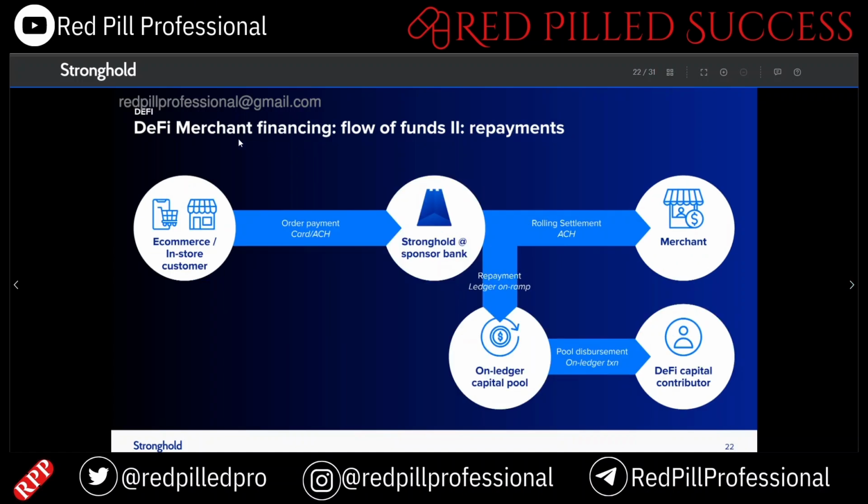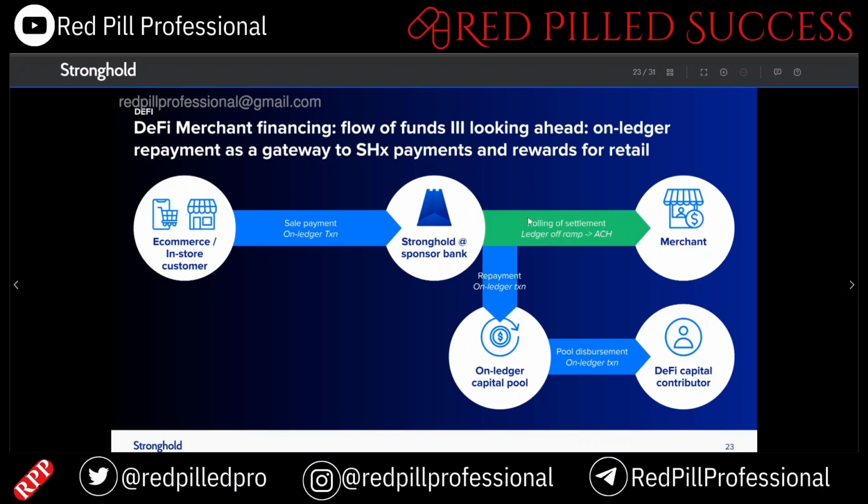Next page is close to this. This is DeFi merchant financing, but for repayments. It runs on SHx and can accept card or ACH payments, and that would go into a financial institution, and then that payment would actually go to the company, and you would get some rewards out of that as well, apparently.